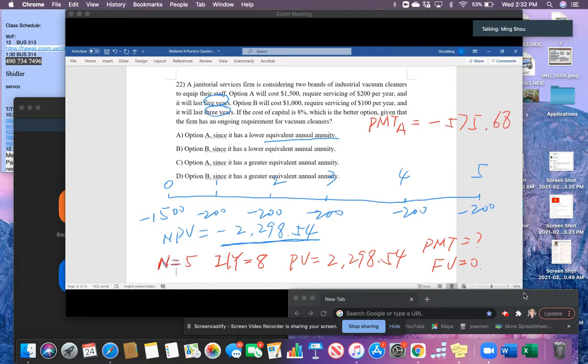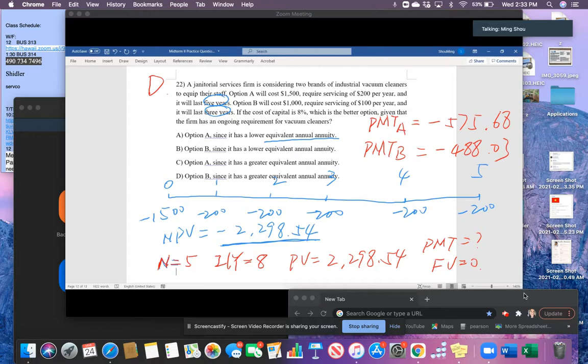We can use exactly the same way to calculate the annual cost for option B. It equals negative 488.03. We compare the annual cost between these two options. As we can see, the cost is lower for option B. That's why we should choose option B, because it has the greater equivalent annual annuity. So the correct answer is D.